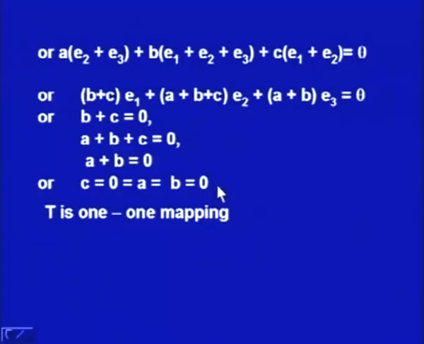That means, we have started with non-zero vector A, B, C, but ultimately that vector comes out to be 0. That means, we will have only one vector in kernel T, that is the identity vector, and that means T is a 1-1 mapping.